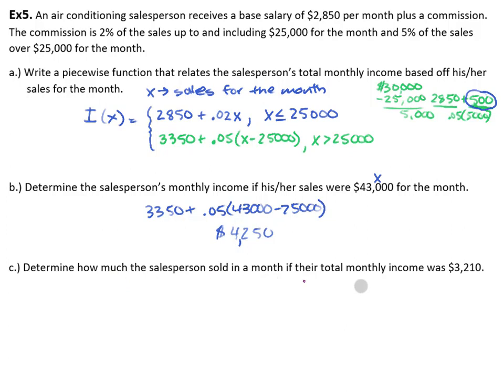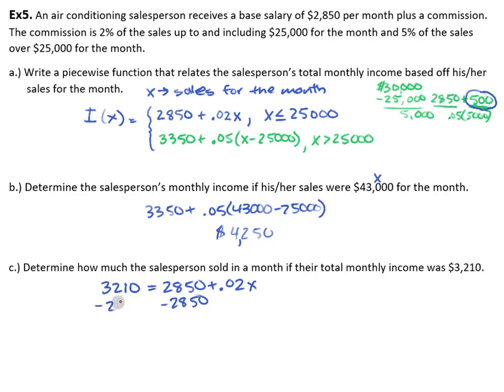So if we're using this top equation, we know that their income, so this is what we're going to replace over here with y, was $3,210. And when does that equal our equation here? $2,850 plus 2% of their sales. And we're trying to find their sales this time.